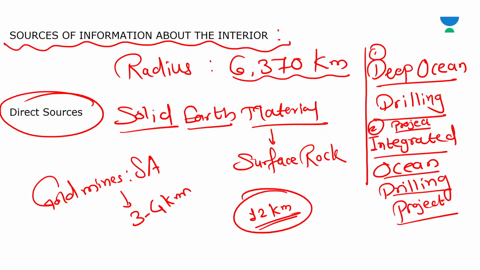So volcanic eruption forms another source of obtaining direct information, as and when the molten material, that is magma, is thrown onto the surface of the earth. During volcanic eruption, it becomes available for laboratory analysis. However, it is difficult to ascertain the depth of the source of such magma.